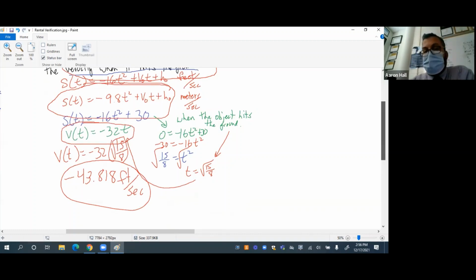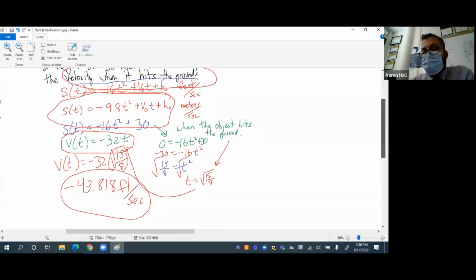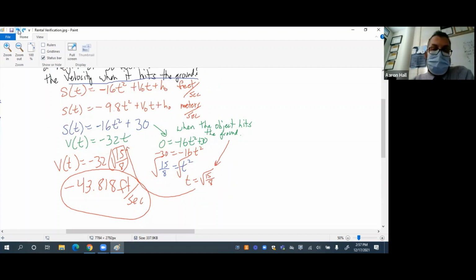No, we actually went back to our position. For our position function, when that equals 0, that's when the ball hits the ground. So we found that our time was the square root of 15/8. That's when the ball hits the ground. And plug that back into the velocity. Correct. Yep, that is what you do. Nice.